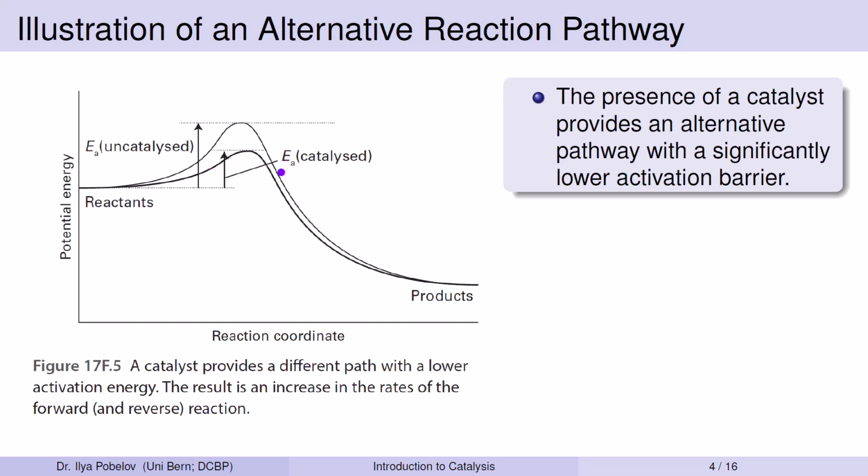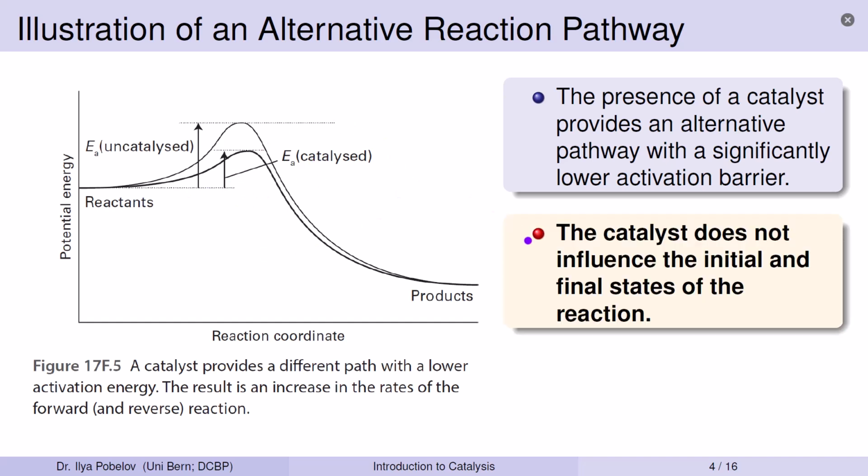This visualization effectively demonstrates how catalysts function by offering an easier road for the reaction, which requires less energy to overcome. A crucial aspect of catalysis, which is also taken into account here, is that the catalyst does not influence the initial and final states of the reaction. This means that the energy released during the process, which is the difference in potential energy between the initial and final states, remains unchanged by the presence of the catalyst.